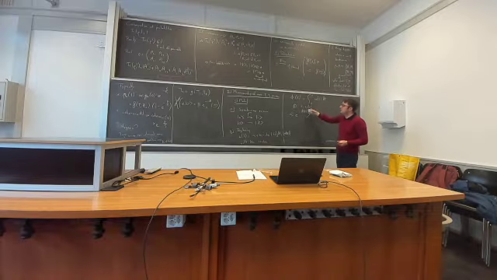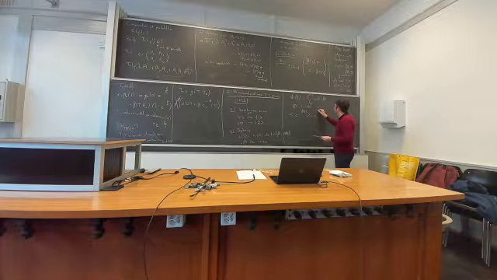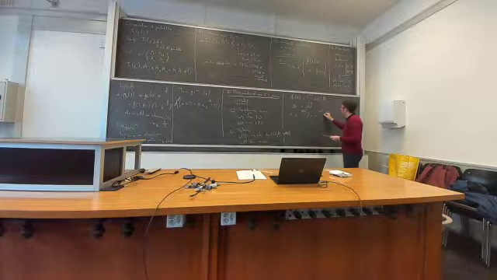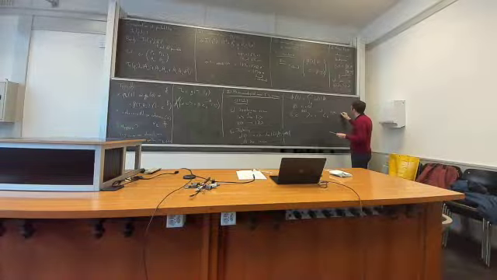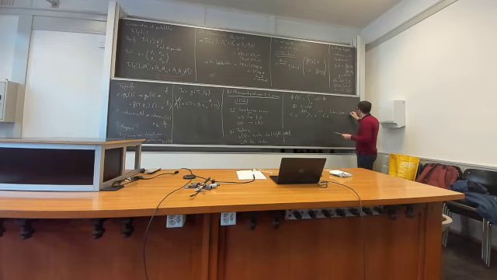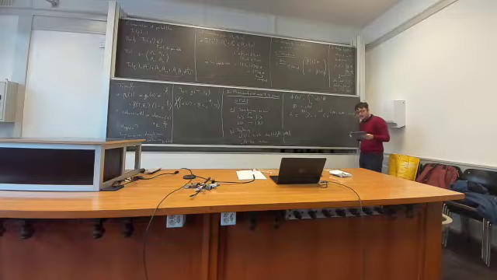Then by definition of where it comes from, this average value is equal to exponential i omega 0 t, the constant part, times the average over the cats of exponential i delta omega 1 delta t plus i delta omega 2 delta t, and so on and so forth until i delta omega n delta t. Right?